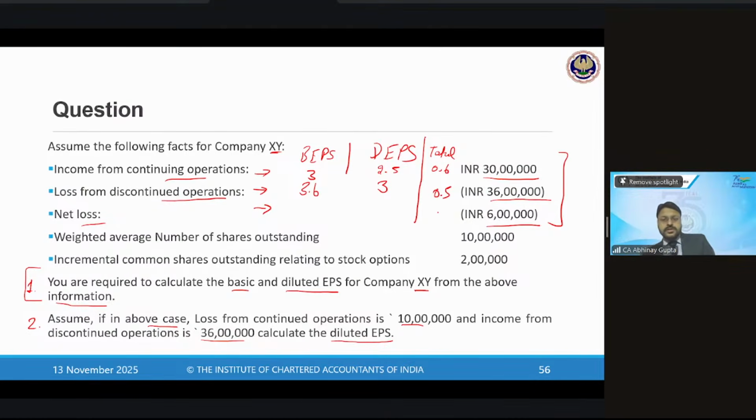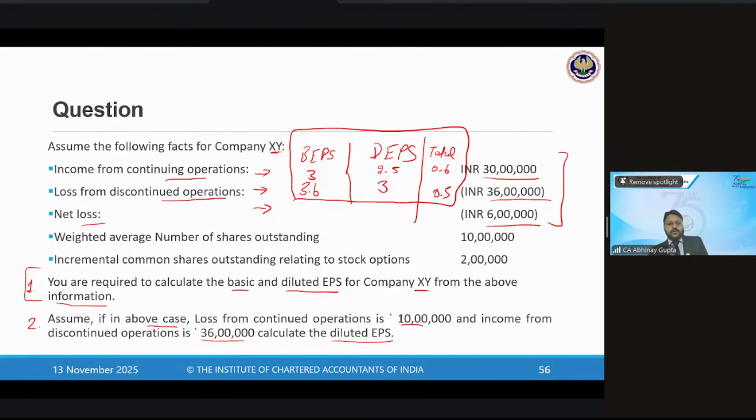Okay. So these are your answers for this scenario one. Or do you want to change anything? Okay, so let's lock it for scenario one.